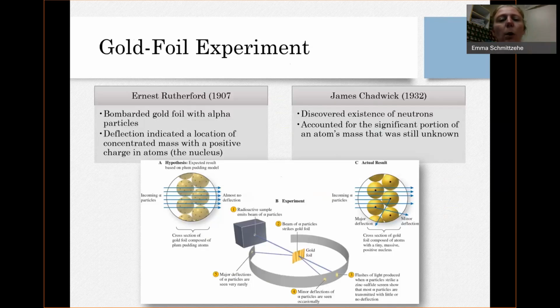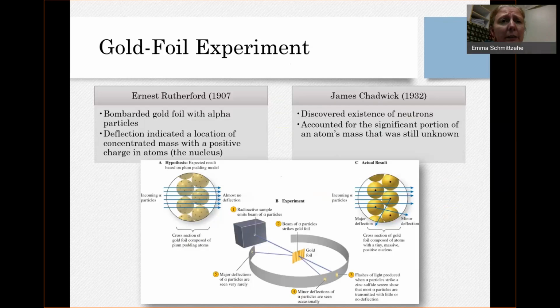Rutherford called this positive region, where all the positive particles were, the nucleus. But then there was still something missing, because there was still a large amount of the atom's mass that wasn't accounted for. That was accounted for based on experiments that James Chadwick did.